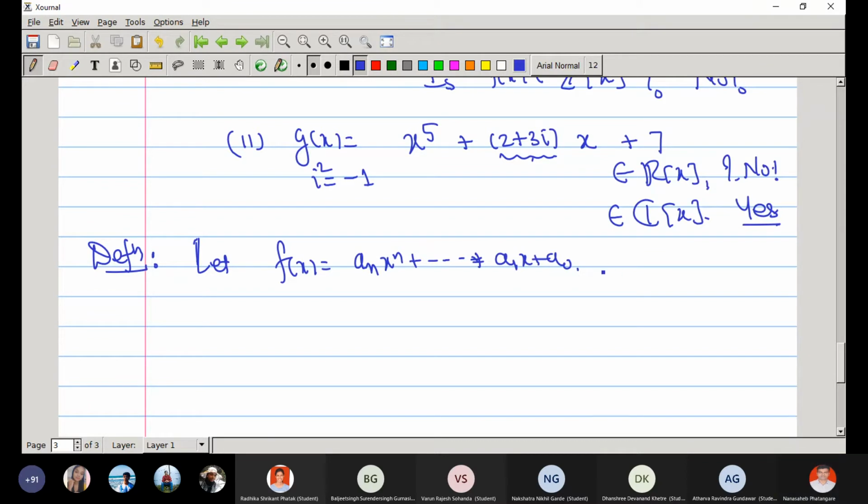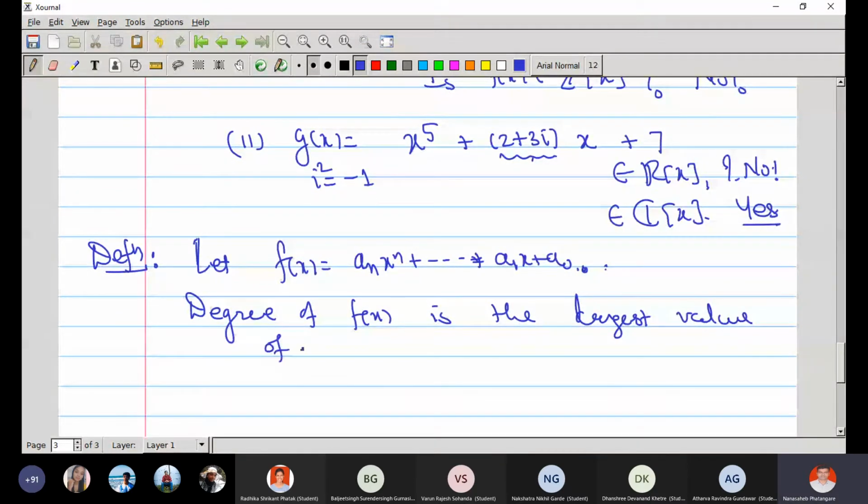Then what is the degree of the polynomial? The degree of f(x) is the largest k such that a_k is not equal to 0, right? So the degree of f(x) is the largest value of k such that a_k is not equal to 0.